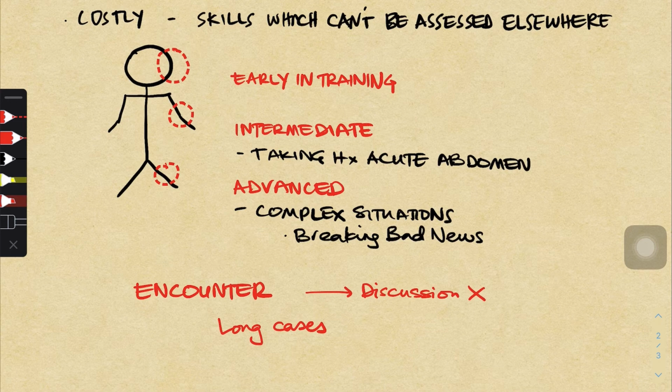We do not see how they take the history, we do not see how they ask questions. We just discuss with the candidates the product of the history taking. So here it is noted that we are focusing on the encounter and we are not bothered with the second part, which is usually found in a long case. So a performance assessment focuses on the encounter itself.